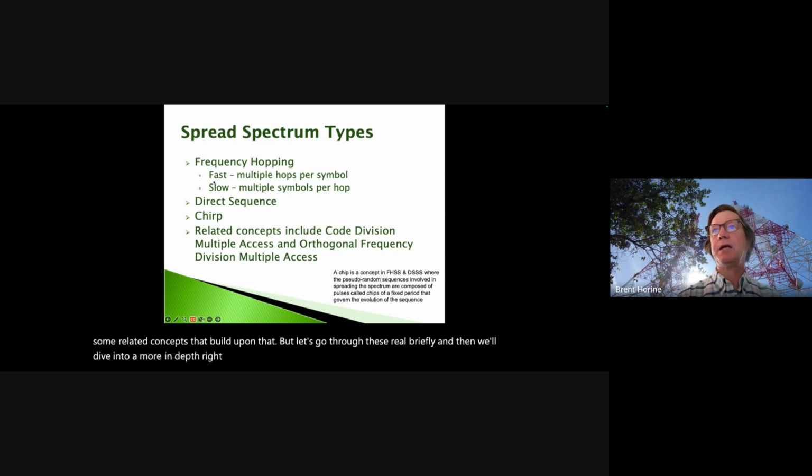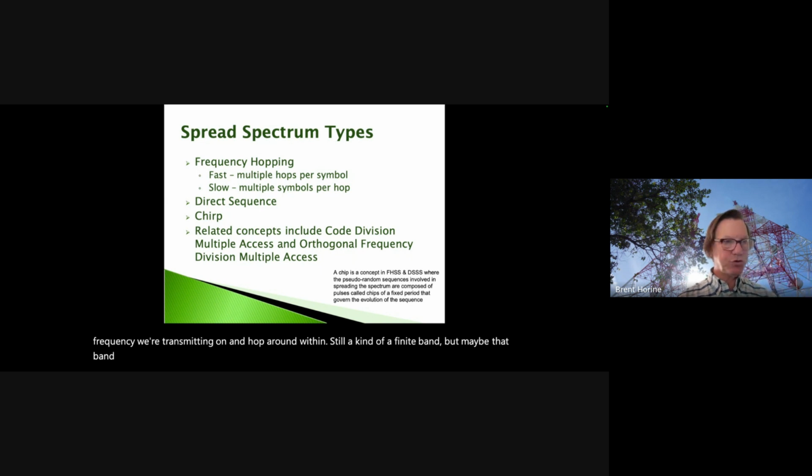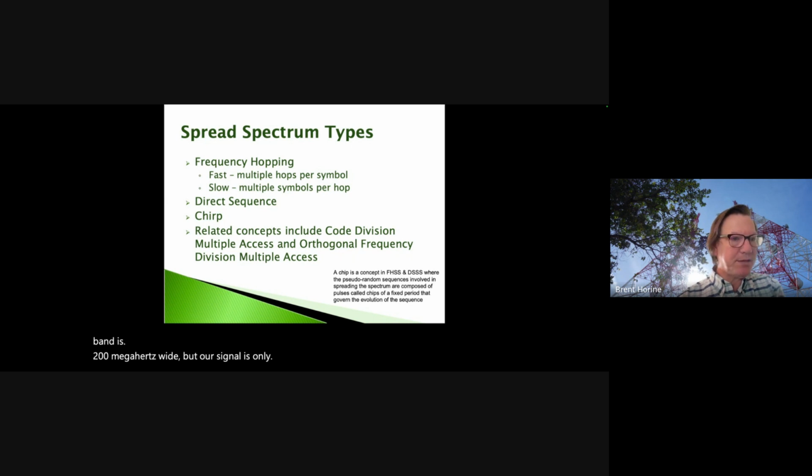So frequency hopping. We can have fast or slow, and basically we're taking that signal, and instead of operating only on one center frequency all the time, we're going to change what frequency we're transmitting on and hop around within still kind of a finite band, but maybe that band is 200 megahertz wide, but our signal is only maybe 10 megahertz.